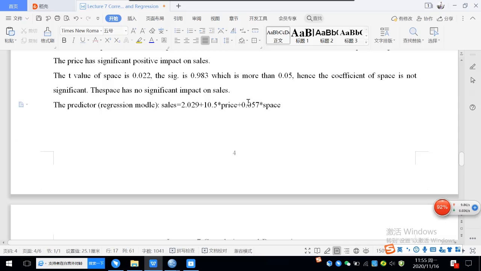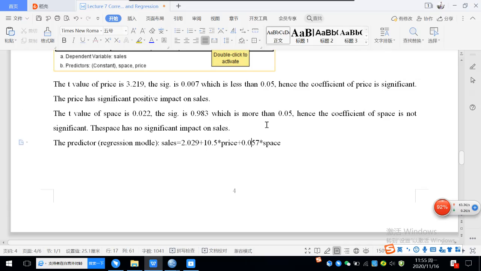Okay, but this time the space is not significant, so that means the predictor is not perfect. We need to build a new predictor where all the coefficients of the variables are significant.